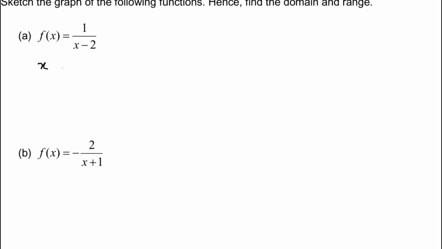For A, x cannot be 2, so the graph will not intercept x equals 2, or we call it a vertical asymptote. Then since it's positive, the graph will be like this.